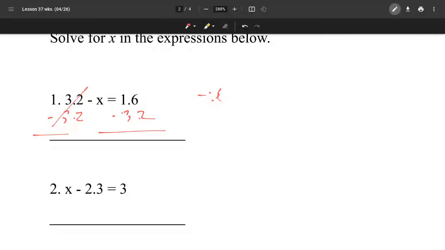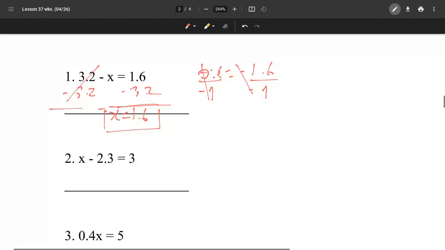We're left with negative x equals 1.6 minus 3.2, which is minus 1.6, right? And so is negative 1.6 our answer? No, right? Because x has a negative in front. So we're going to go ahead and divide it by negative 1. And so the negative cancels out, and 1.6 divided by 1 is just 1.6. And so x equals 1.6.